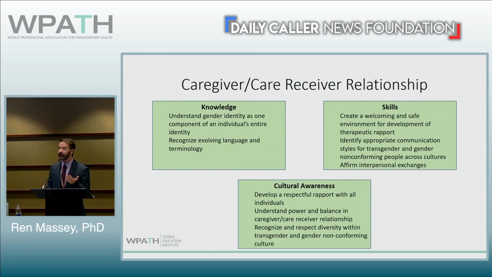So some of our knowledge needs to be understanding that gender identity is not the whole person. It's one very important component, but we have to listen to people. I've had young people who want to finish out playing soccer, for example, on a girls' team at school, and that's more important to them than transitioning, but then they want to start their hormones and name change right at the end of soccer season so they can enter college as a guy.